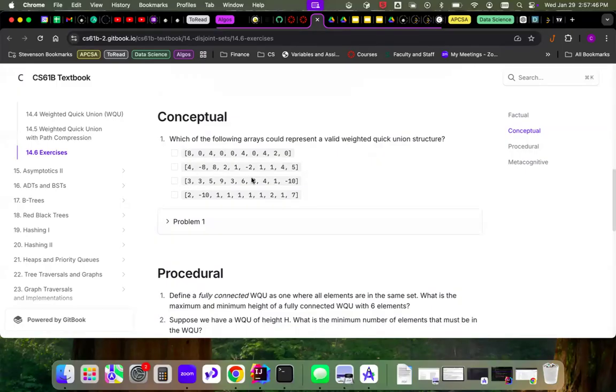Those are the pairs. Yeah, good question. Where's the root, right? So with this one, what's the root here? Index 1, right? If we think about that, what's connected to 1? 4, 6 and 7. 6 and 7, but this is saying 8.